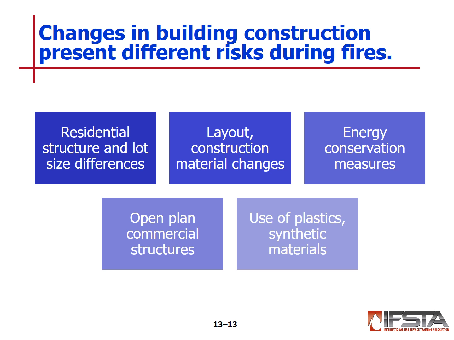As we discussed through building construction, there are a lot of different building constructions that can present different types of risk during a fire. Obviously, residential structures and lot sizes are going to be different.